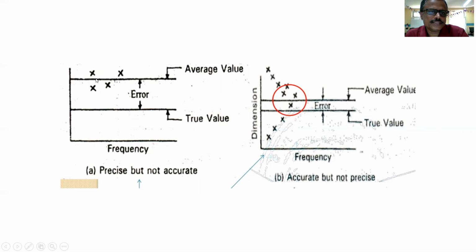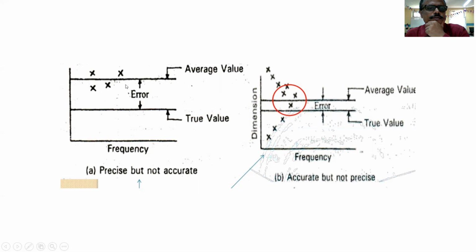These measured readings, shown as X, are clustered around a particular value. That is called precision.